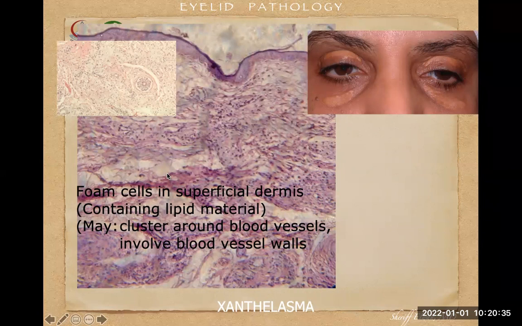And on examination under the microscope, we find foam cells in the superficial dermis containing lipid material, and may occur in the form of clusters around blood vessels that involve the vessel wall. Here are the foam cells, and here the deposition around the blood vessels.